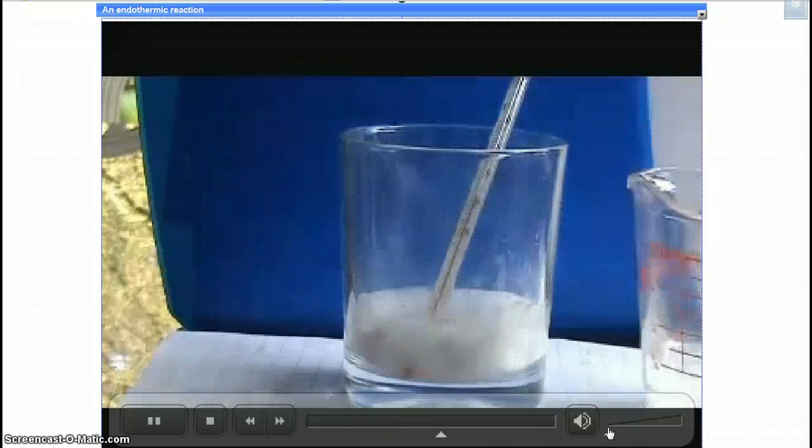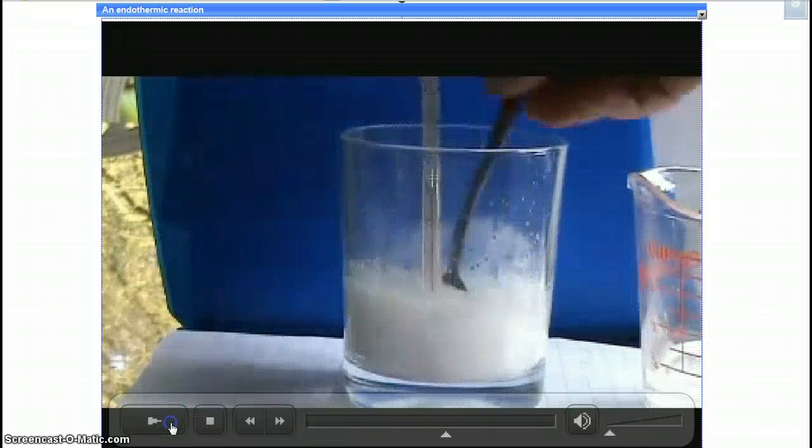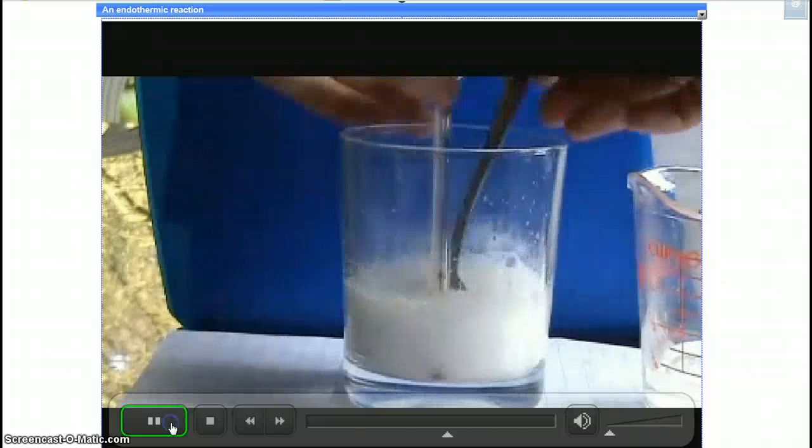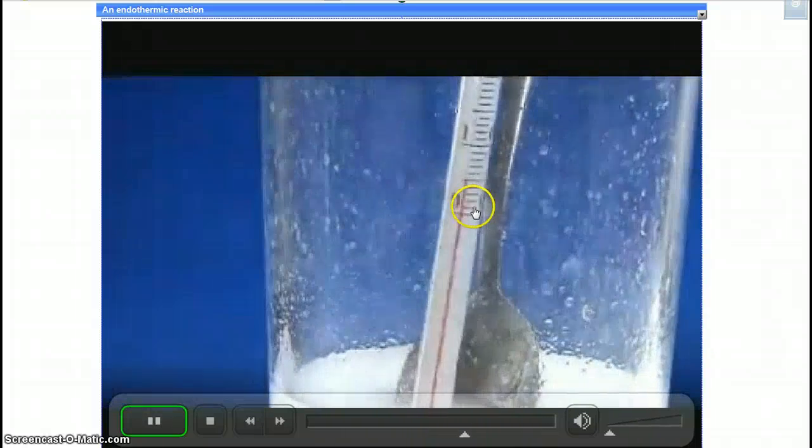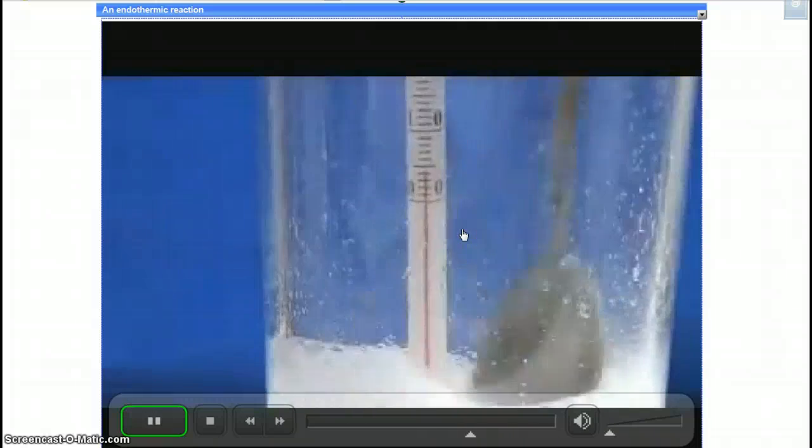And there we go. We have a chemical change happening because the bubbles indicated that a gas was being made. So this is definitely a chemical change. Question is now, exothermic or endothermic? And we can see that temperature has dropped and is dropping, so it's getting colder.